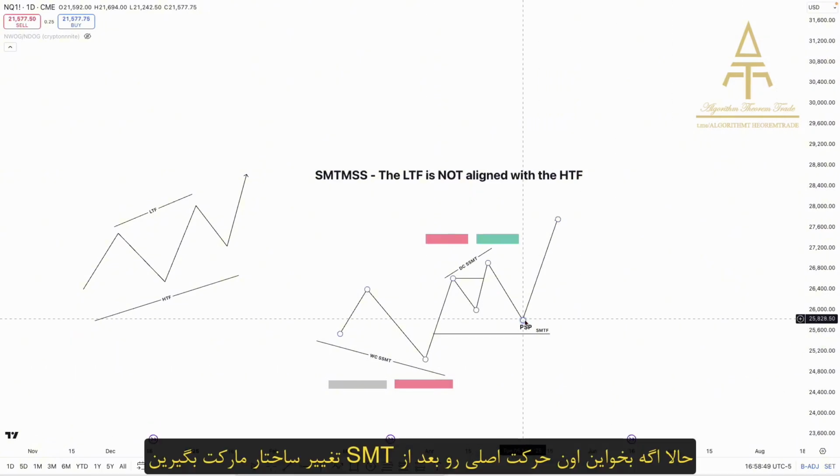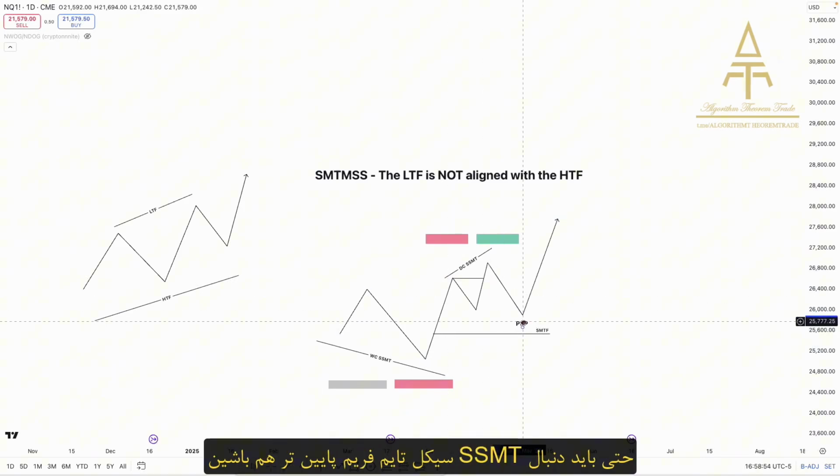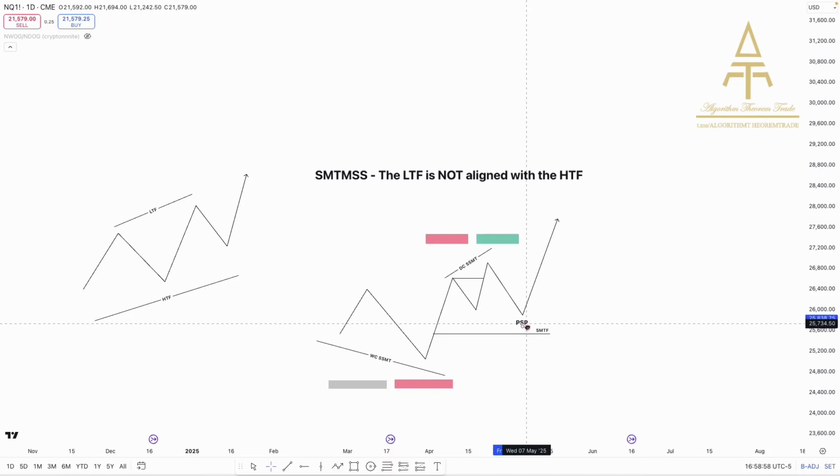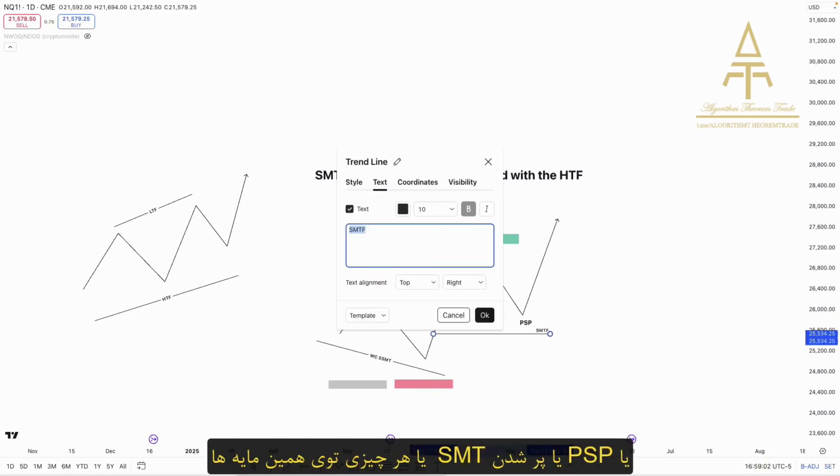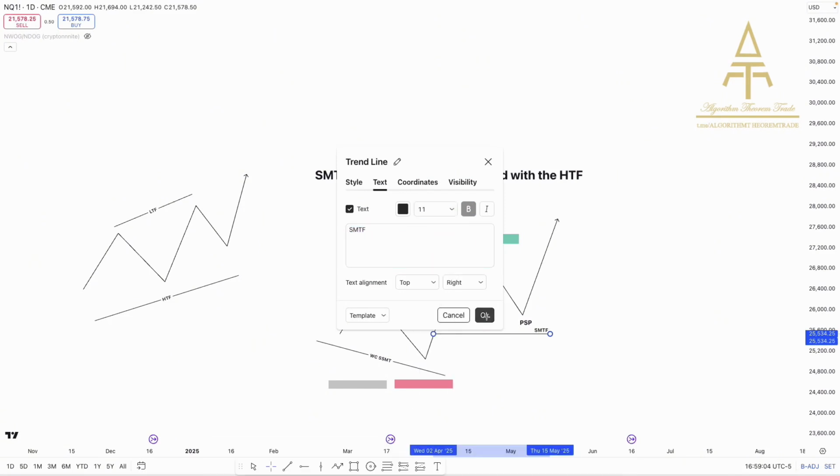And to catch that move after the SMT market structure shift, we can look for an even lower time frame cycle sequential SMT, PSPs, or SMT fills. Anything of that nature.